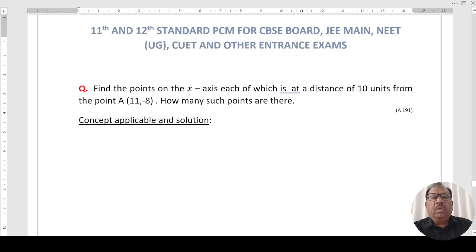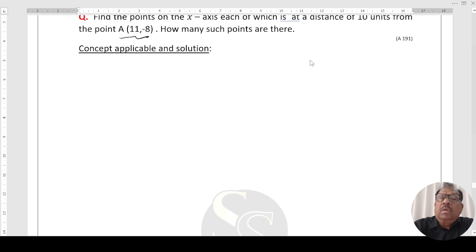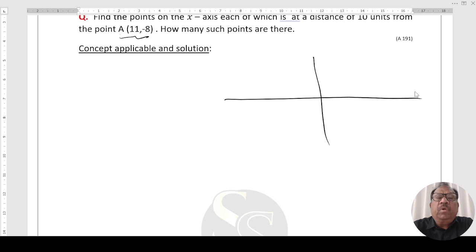Question is, find the points on x-axis, each of which is at a distance of 10 units from the point A (11, minus 8). How many such points are there? We have to find the point on x-axis. This is the x-axis, this is the y-axis. The point is (11, minus 8).